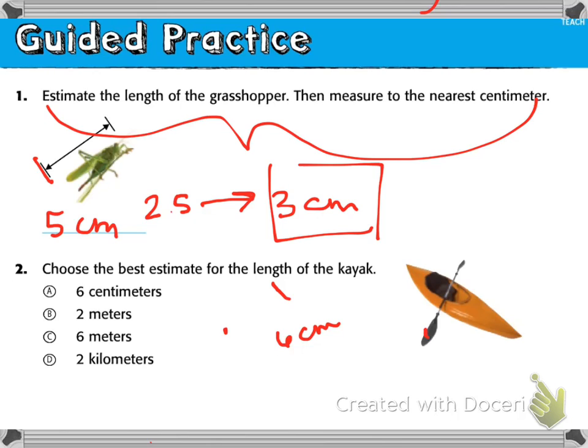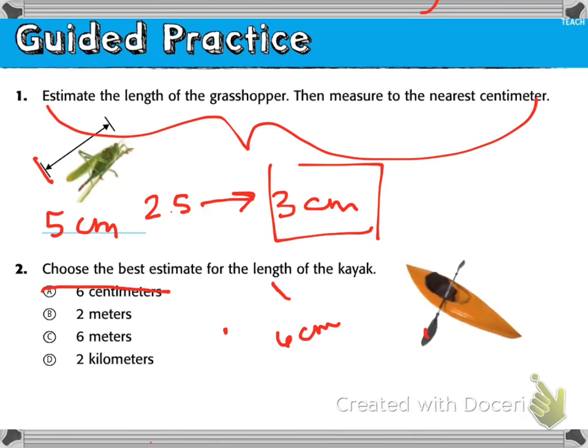Okay, 2 meters. 2 meters is pretty long, so that's maybe an option. 6 meters is even longer than 2 meters. 6 meters is pretty long too. How about 2 kilometers? No way. Kilometers are like comparative to a mile in length. So they're a little bit shorter than a mile, but 2 kilometers is still way too big for a kayak.